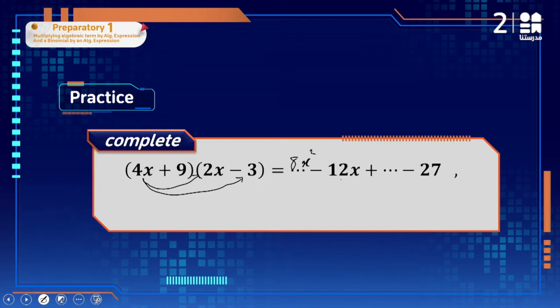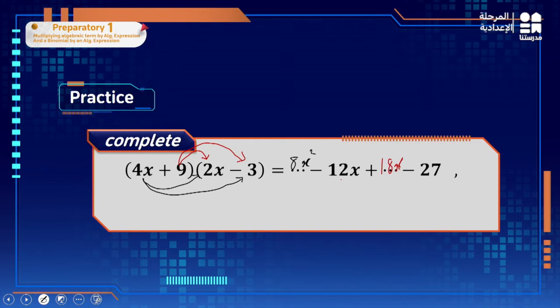Then we are going to multiply the 9. So 9 times 2x, which is 18x. And then 9 times negative 3, which is negative 27, and it's written as you can see.